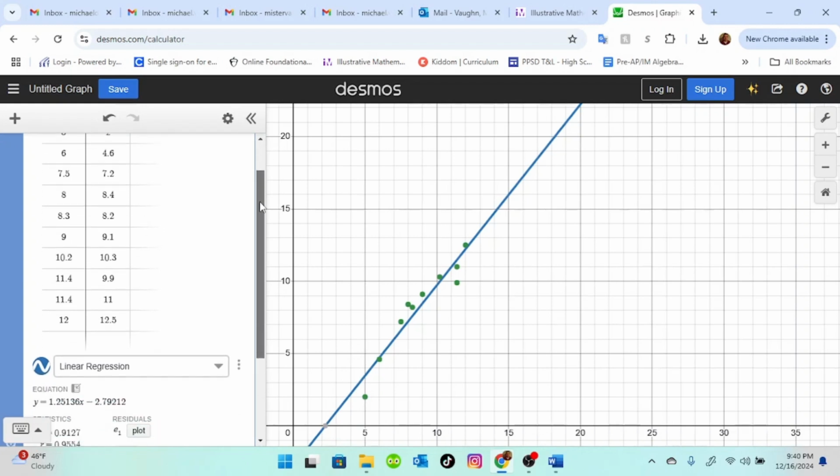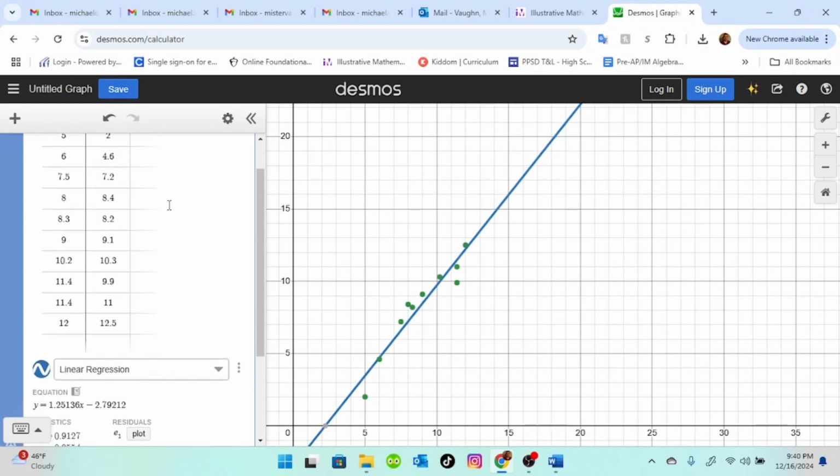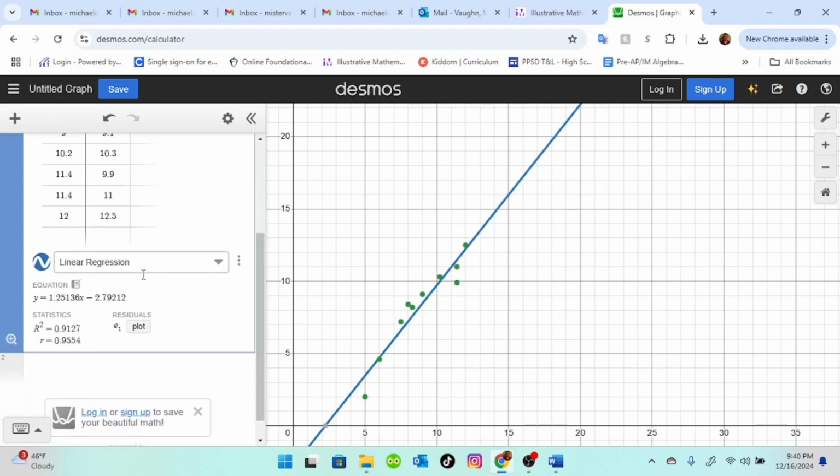Now, if you scroll down, the first thing it's going to give you is the equation itself. So we're going to have y equals, looking at our table, everything is either a whole number or it has 1 decimal point. So I'm going to round to 1 decimal point. So let's say y equals 1.3 because the 5 tells us to round the 2 up to a 3.